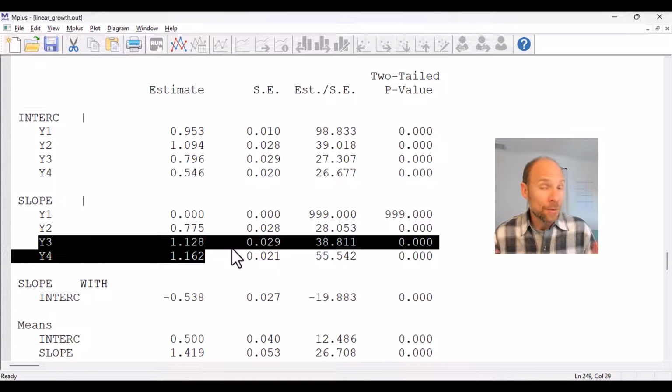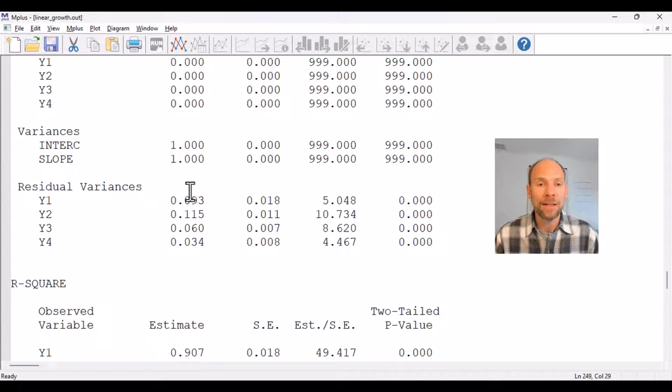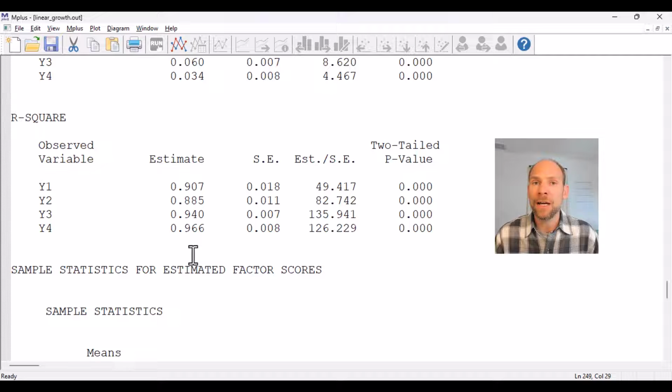Now in this situation, those are perfectly fine and not indicative of any kind of improper solution, as you can see from the fact that there aren't any negative residual variances when you go to the residual variance section, and also there are no undefined r-squared values here.